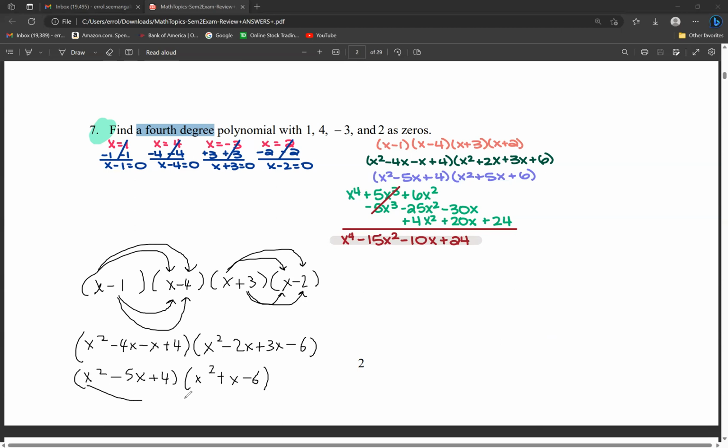So first, this one times this one, and then this one times this one. What does this equal? x squared times x squared is x to the 4. So there's your fourth power. See how it says fourth degree polynomial? There's your fourth degree right there.